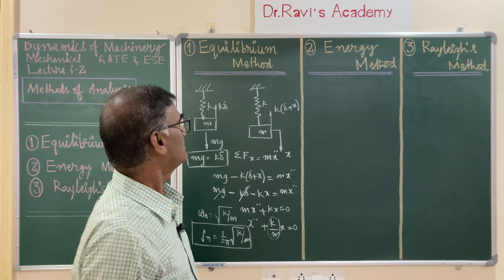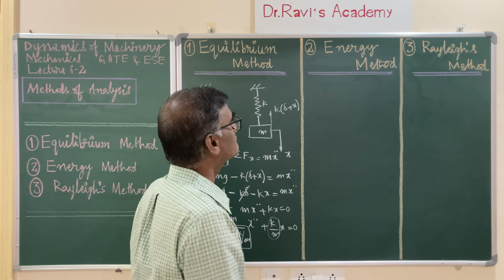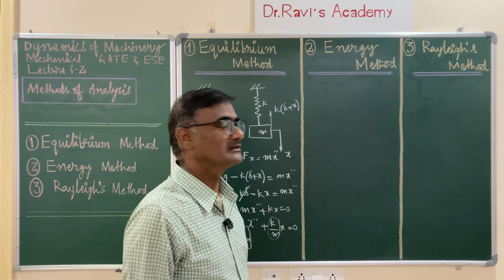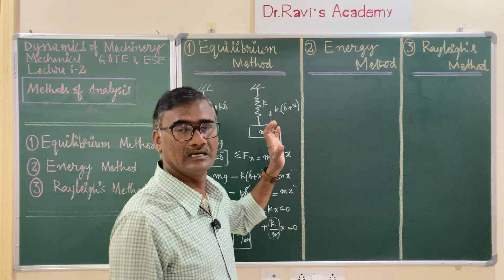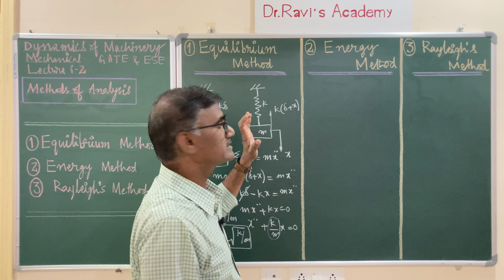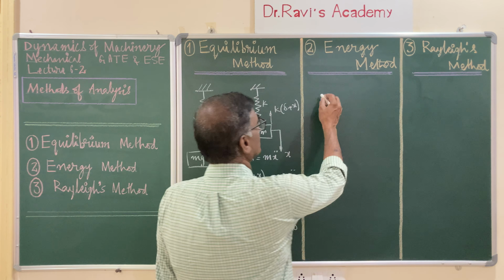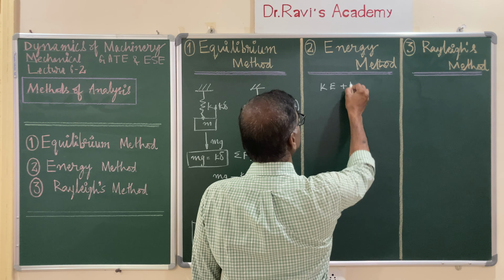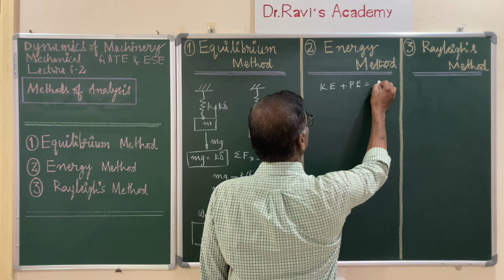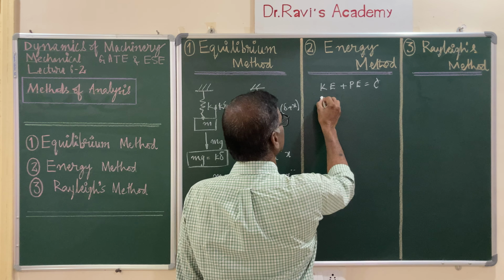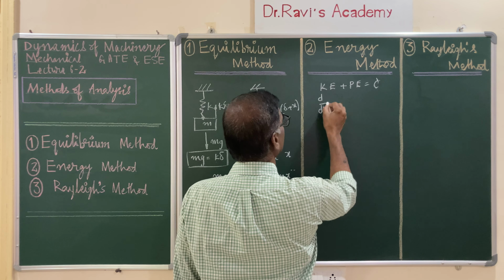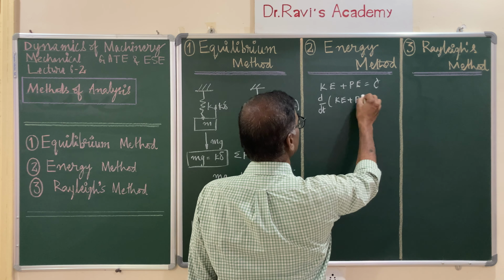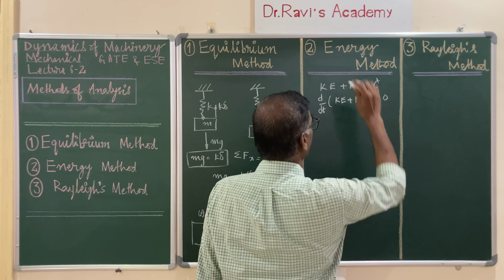Let us look at the second method, energy method. The total energy remains constant. Here you have two forms of energy. One is kinetic energy and the other is potential energy, and you can write down your KE kinetic energy plus PE potential energy is constant, and if you differentiate d by dt of this total energy KE plus PE, it is constant, it becomes 0.